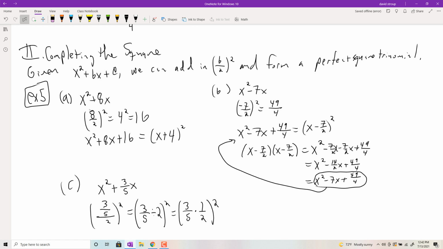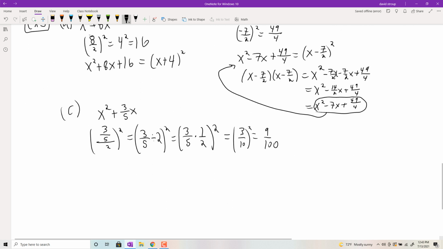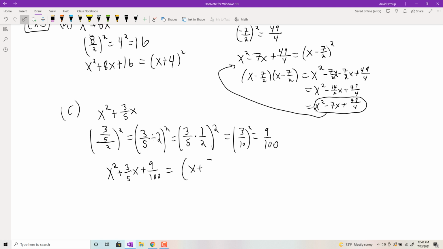So that's what I'm saying. When you form this thing and you're dealing with a fraction, just multiply it by 1/2, and you'll end up with 3/10 squared, which is 9/100, believe it or not. So we can form a perfect square trinomial now, and then factor it, x plus 3/10.